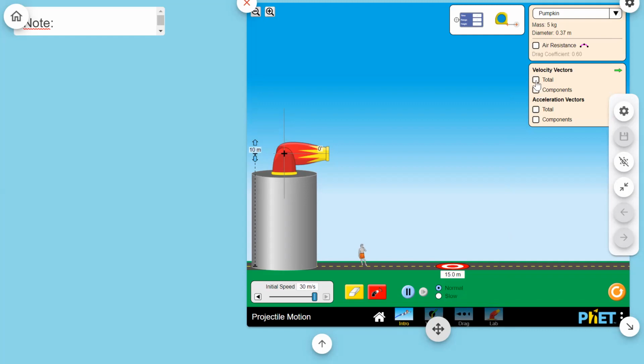And then you can see the velocity vectors and its components, the velocity, and the total velocity, and then the components of acceleration and total acceleration. You can also adjust the height of the object, for example, like this.